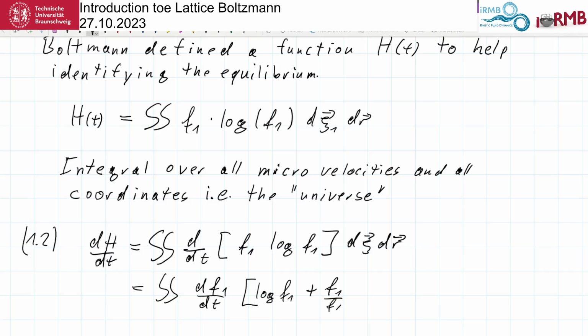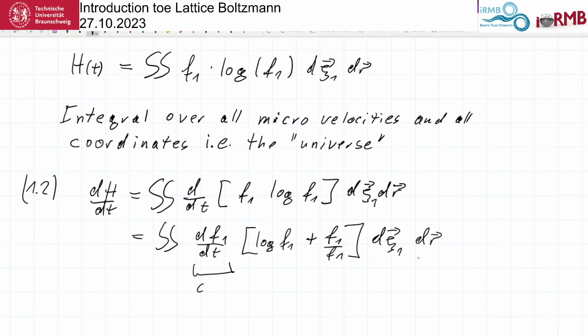I think that Boltzmann wanted to obtain this result, so he devised a function that gives him this result. Otherwise I don't know how he came about this. So this, by the way, is C1, and this over all the space. So now here you identify obviously the collision operator.